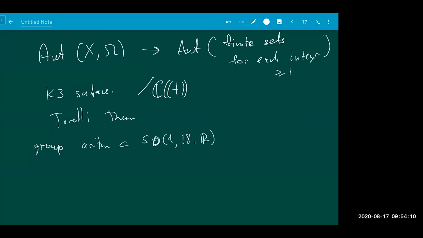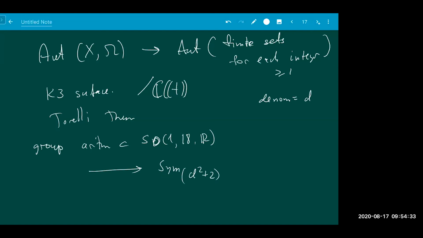In the simplest case, regarding the number of elements of this finite set, if we have denominator equal to D, then this arithmetic group maps to the symmetric group acting on a set of D squared plus 2 elements.